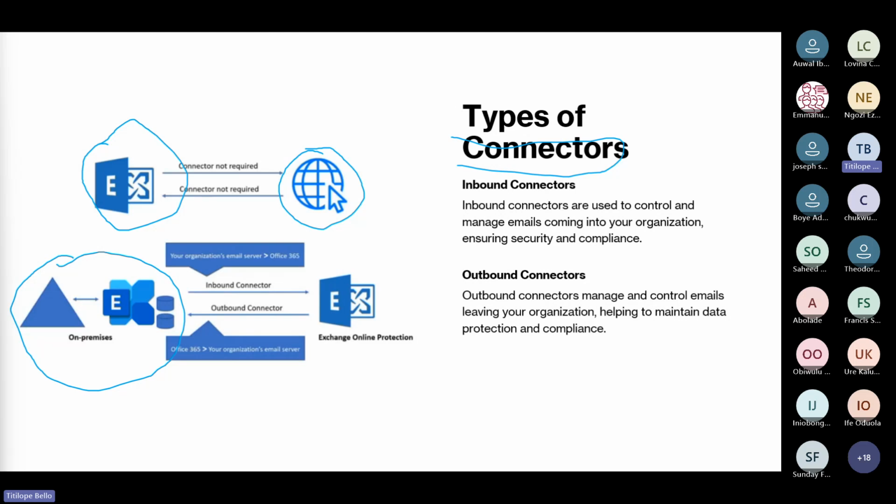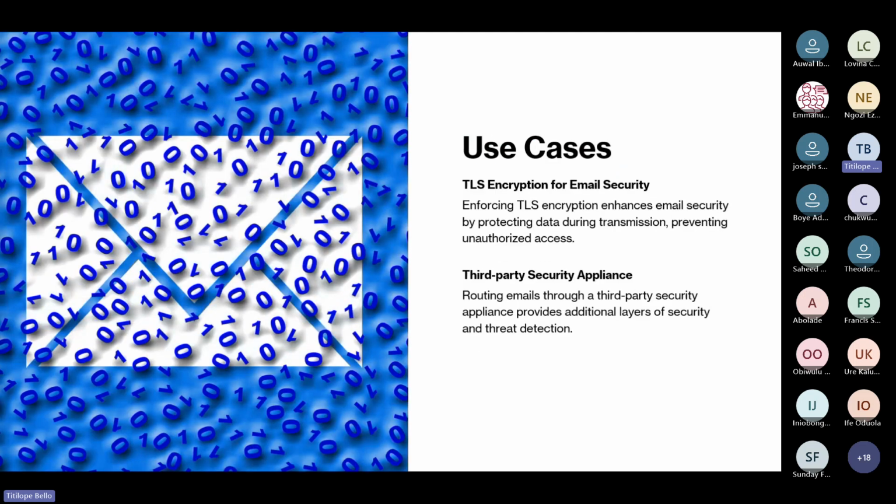Now, are there a few use cases? I think we have talked about them earlier. You want to encrypt email, especially for the defense department in the United States. Any email from your Exchange Online environment to the security defense department in the US must be encrypted.